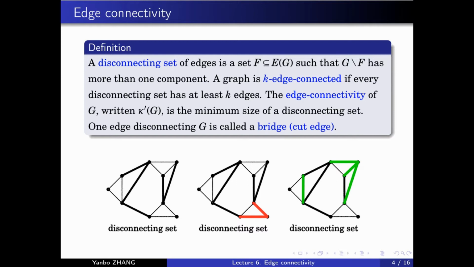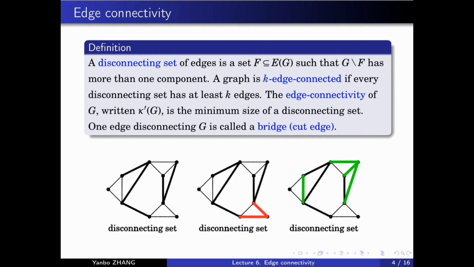Let's see the graphs below. In the left graph, the bold black edges form a disconnecting set, because if you delete the bold edges, this graph has more than one component. In the middle graph, the two red edges also form a disconnecting set.